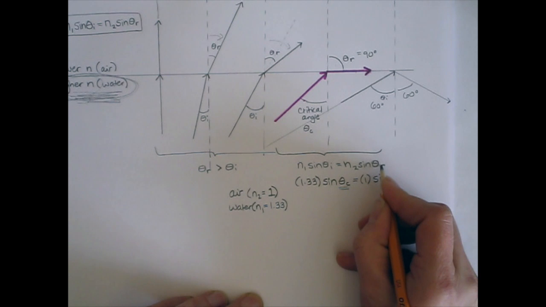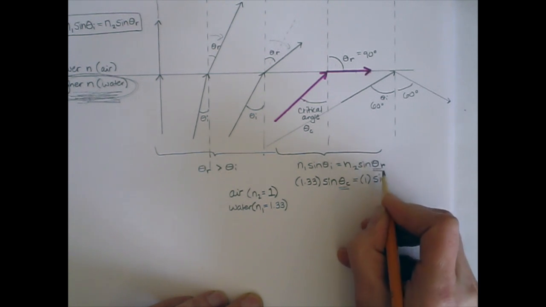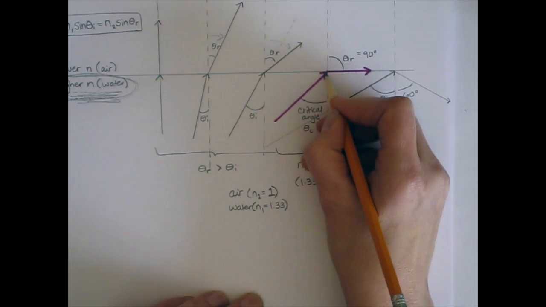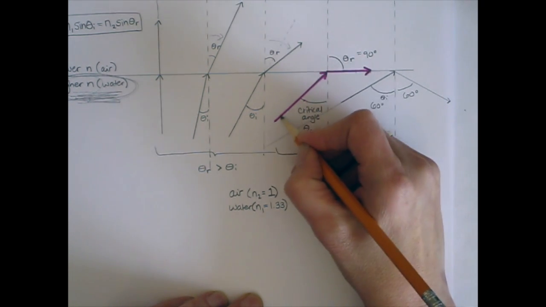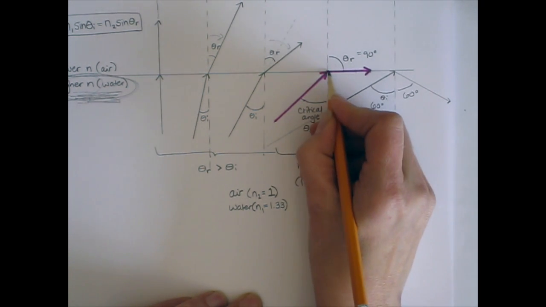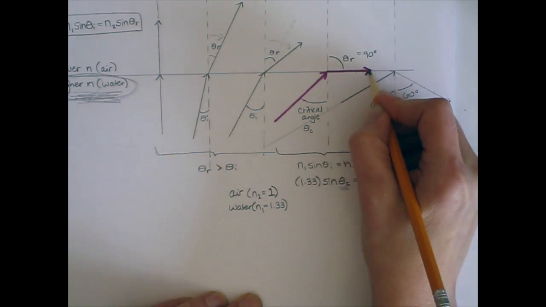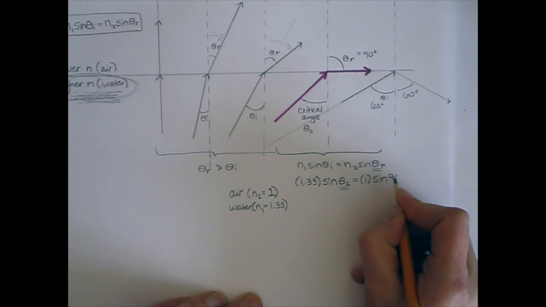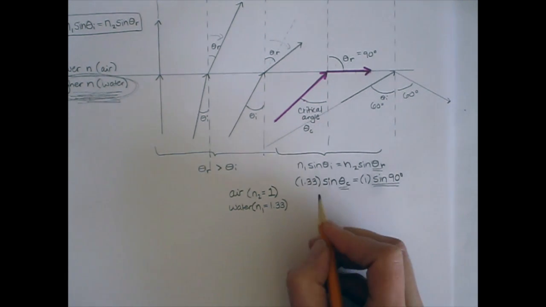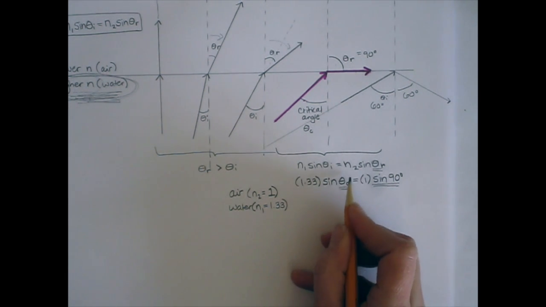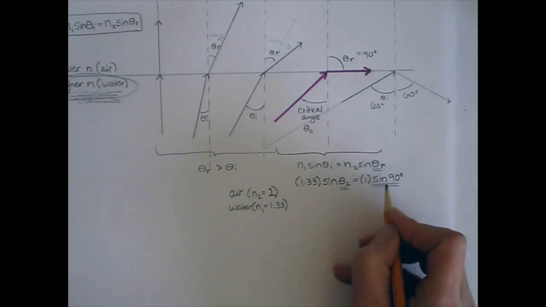And now, what is the refracted angle when light comes in at the critical angle? The whole definition of the critical angle is that it causes a refracted angle of 90 degrees. So to find the critical angle, for your incident angle you put in theta c, and for your refracted angle you put in 90 degrees.